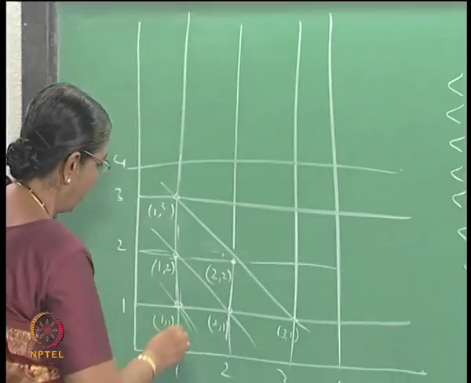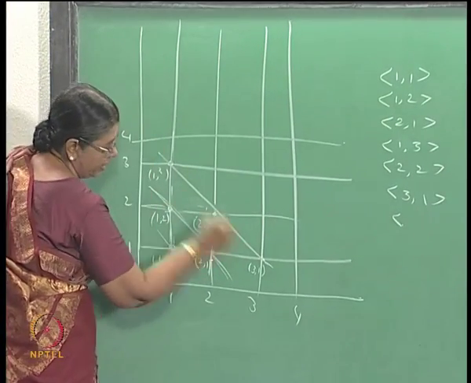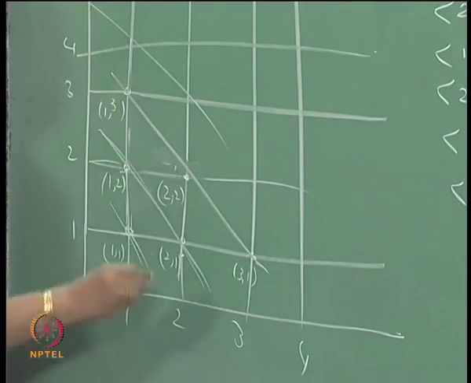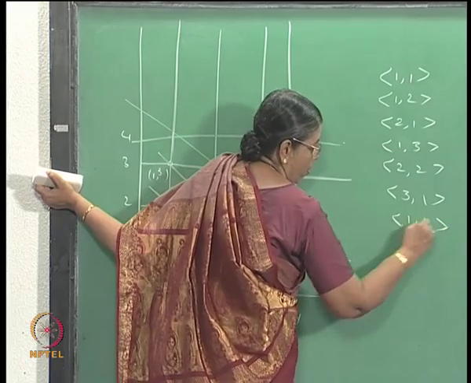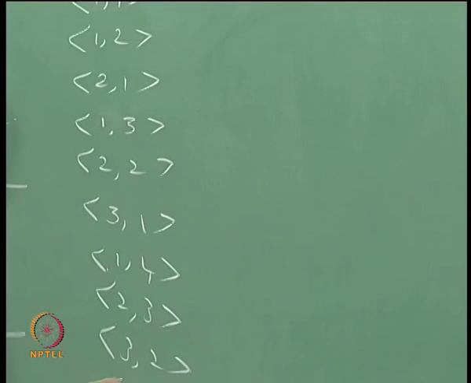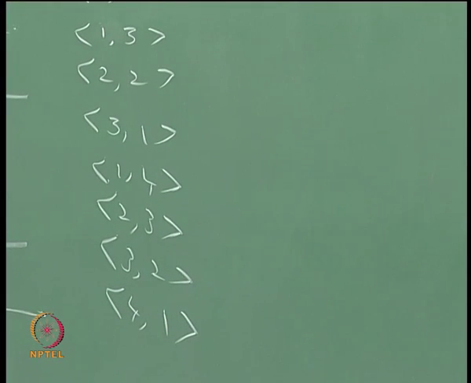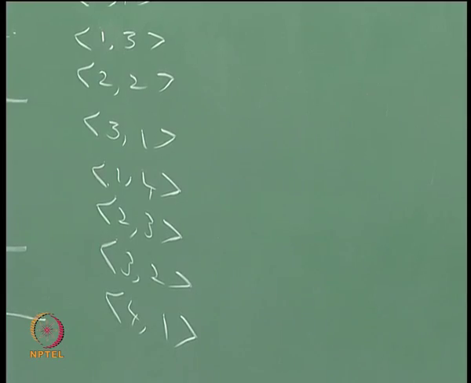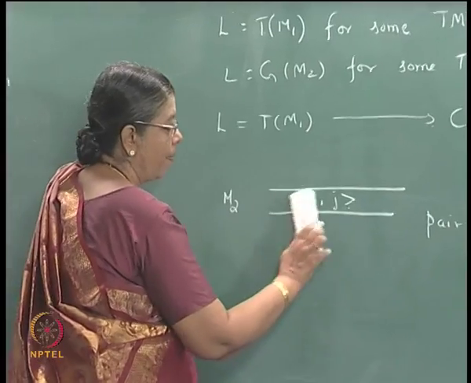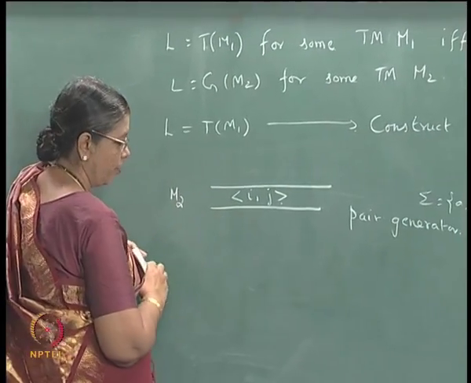So, that is this point, then 1 1, then 1 2, 2 1, then in this diagonal 1 3, 2 2, 3 1, the next diagonal, then the next one will be 1 4, 2 3, 3 2, 4 1 and so on. So, the pairs of integers is countable, one by one you can generate them. So, in one tape you generate the pairs of integers ij, i varies from 1 to infinity, j varies from 1 to infinity.